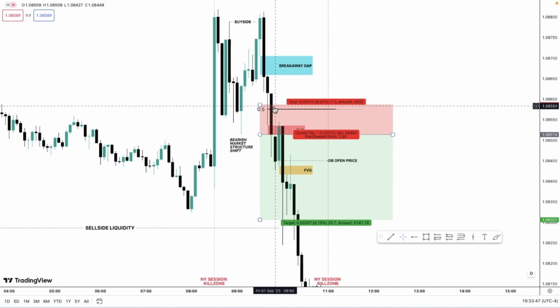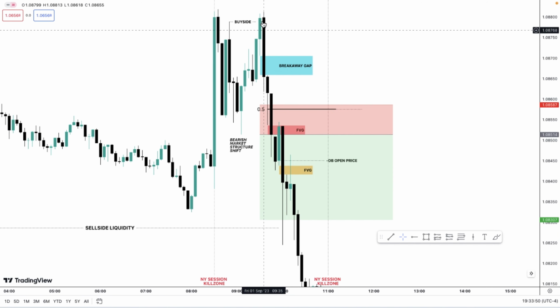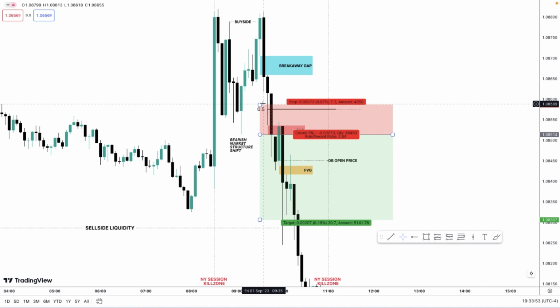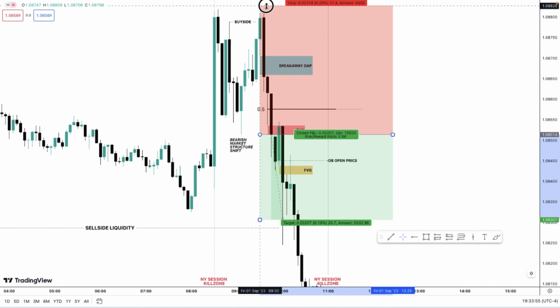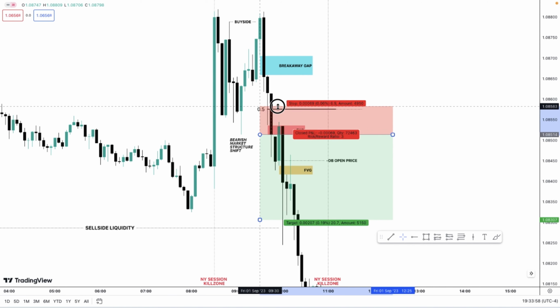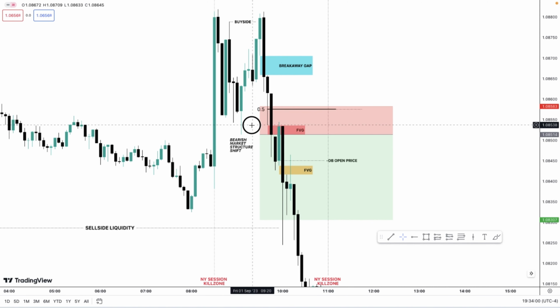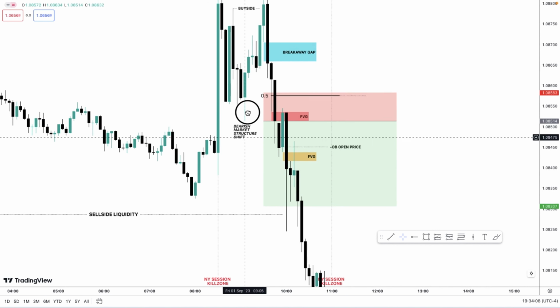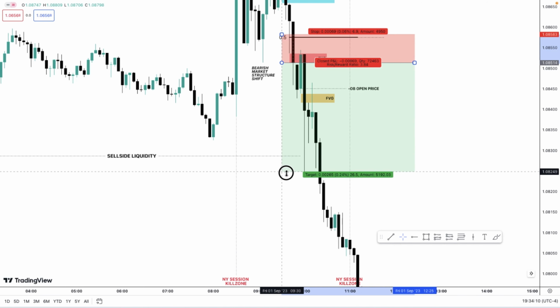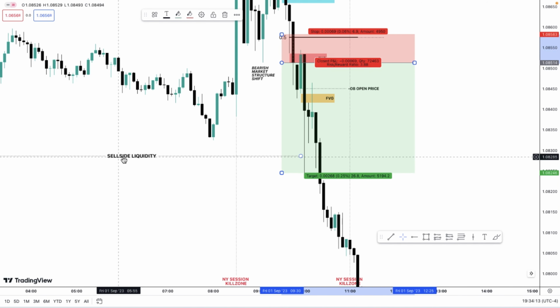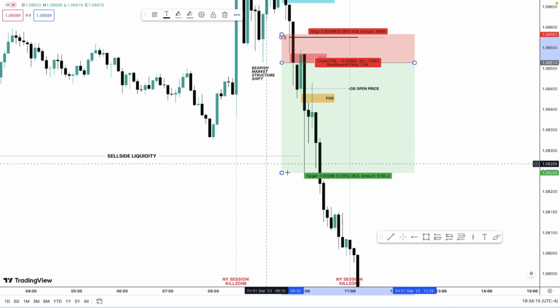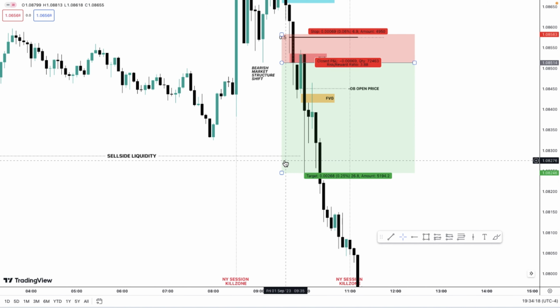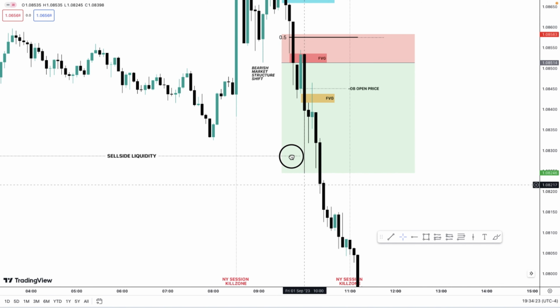So I'll be confident putting my stop loss above here, meaning I'm reducing my stop from a potentially big stop loss to a much smaller stop loss that if it got taken out, I would not kick myself, basically. Obviously, I mentioned that you're targeting this sell side liquidity. So as soon as the price trades there, you can take your first partials.